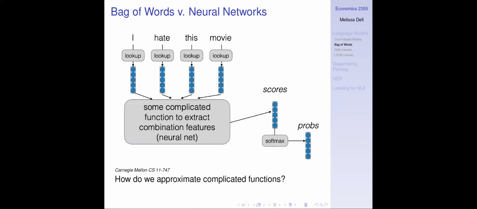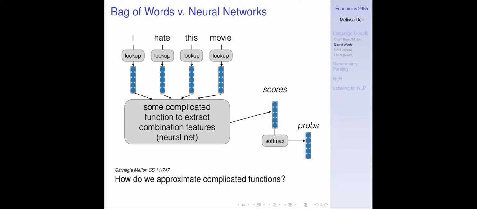So how are we going to do this? Essentially, we look up each word, and then we want some complicated function to extract the combination of features. And then we use that to do the softmax and get our probabilities. Well, how do we approximate a complicated function?